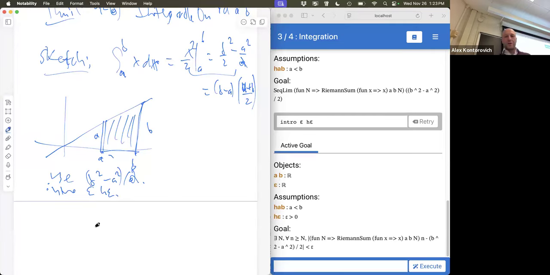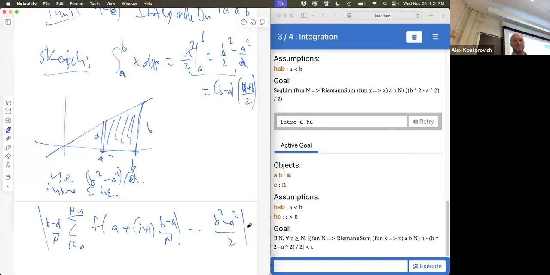And now I want to know that the Riemann sum, b minus a over n, a sum as i goes from 0 to n minus 1 of the function, well, let me write the general formula first, a plus (i plus 1) times (b minus a) over n. That Riemann sum has to differ from b squared minus a squared over 2 by less than epsilon. This is what we want.